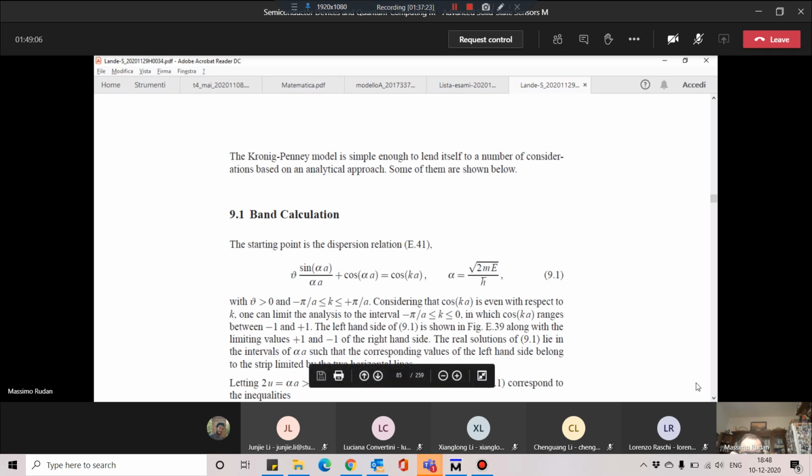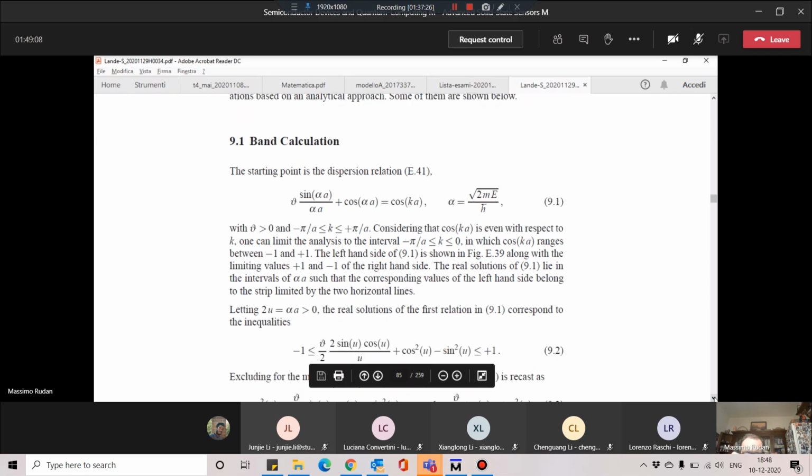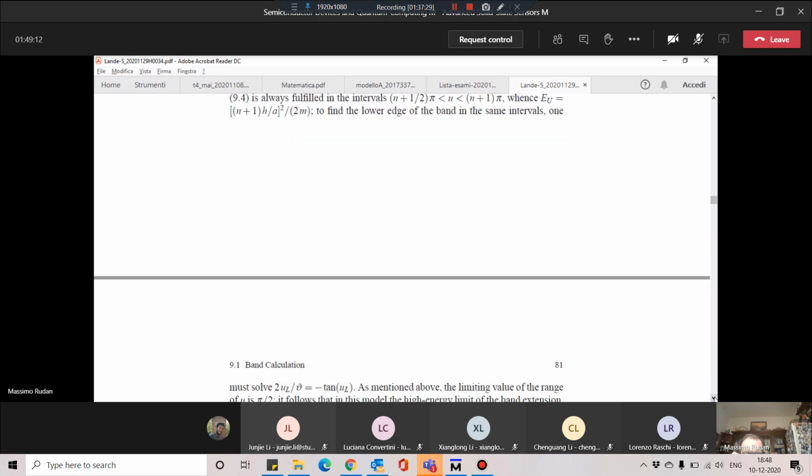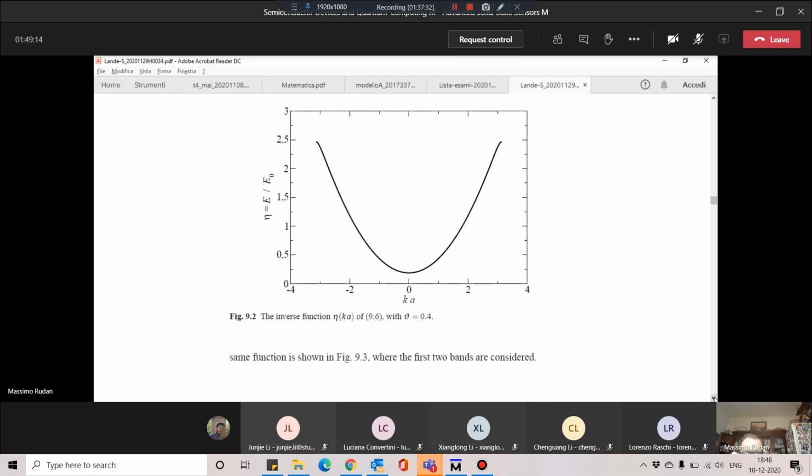And this is exactly what was done for this. This is the first band. It was a calculation in which first K was calculated as a function of E. And then the axes were rotated in order to provide E as a function of K. Actually, this is some normalized energy.